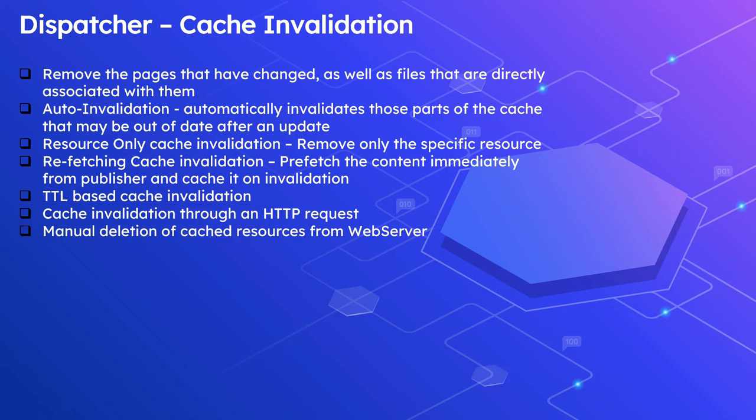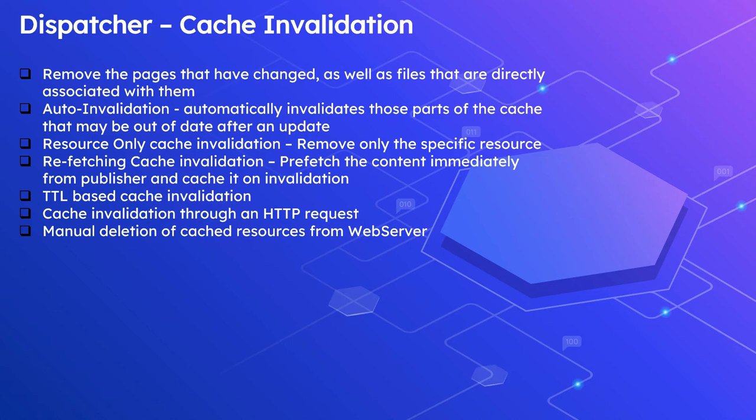In the approaches we discussed so far, on the subsequent request the invalidated files will get rendered from the publisher. The challenge is, if the dispatcher receives multiple parallel requests for the invalidated file, the dispatcher sends all these requests to the publisher. Why? Because the dispatcher won't have that file in the cache; it's already invalidated.